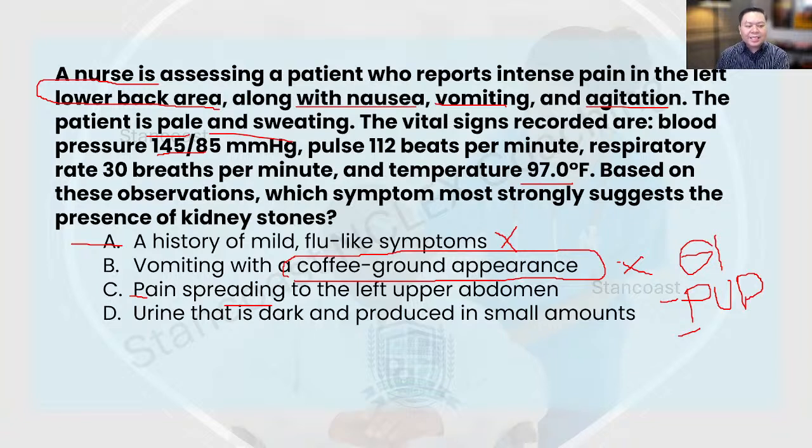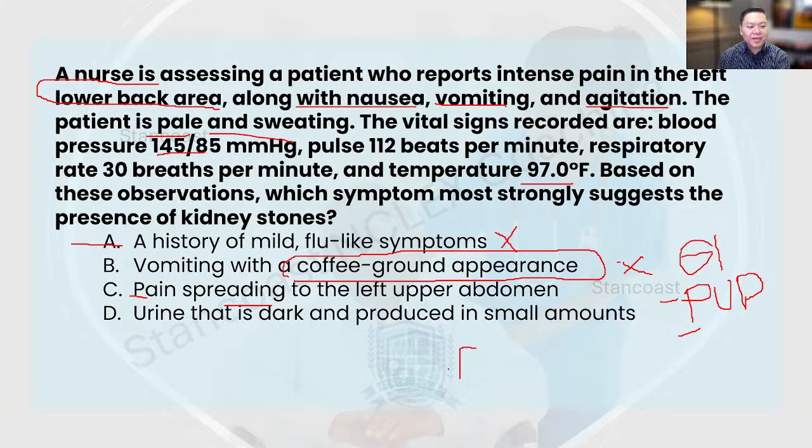So it's not really going to be associated with a renal colic. For a kidney stone pain, this will radiate, but it typically will start from the flank area, okay, the backside, into the lower portion of the abdomen. Again, from the flank area.